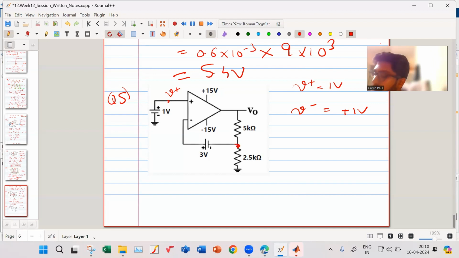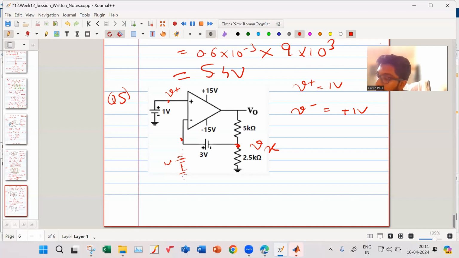What is the voltage over here? 1 minus 3. The voltage over here, assume Vx. How do you get that value? Over here it is 1 volt, so it is acting as a virtual short, 1 volt is over here, right? And this is your virtual ground.